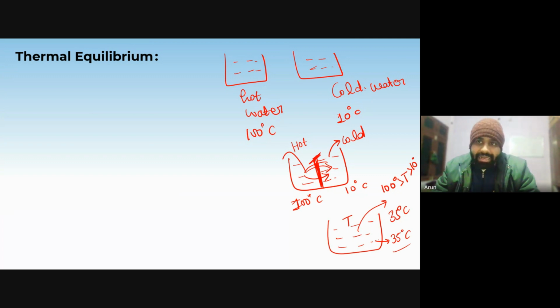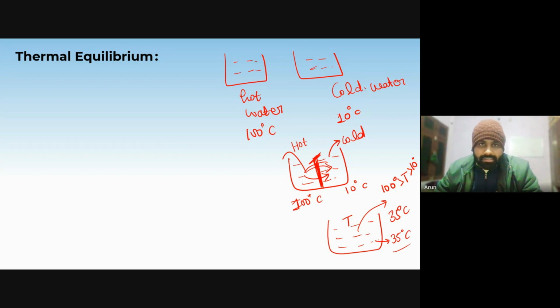We can say that this time heat transfer has stopped, and that state is termed as thermal equilibrium for any system. When there is no net heat transfer in the system or by the system, we can say that this system is in equilibrium with another system.